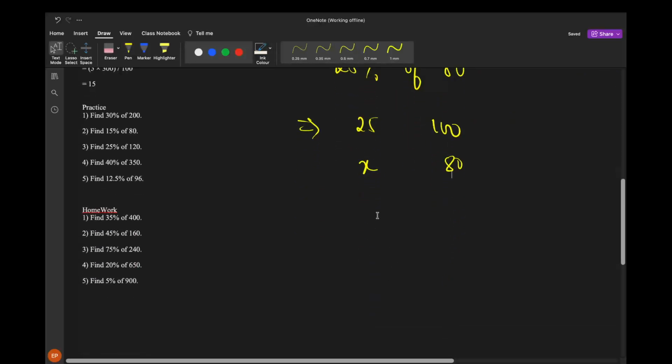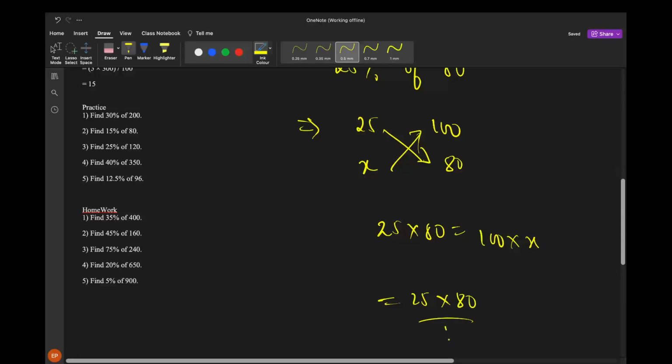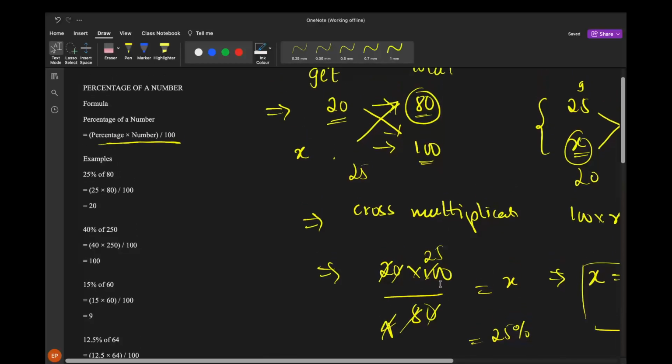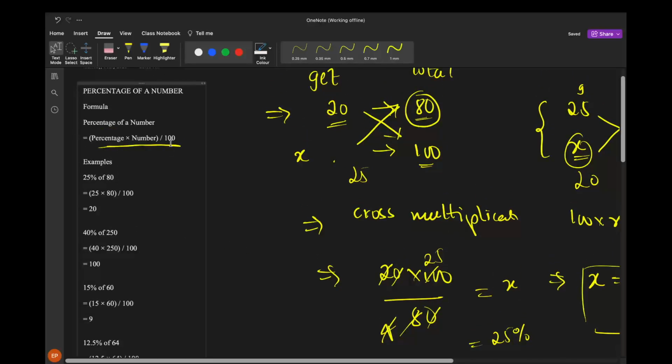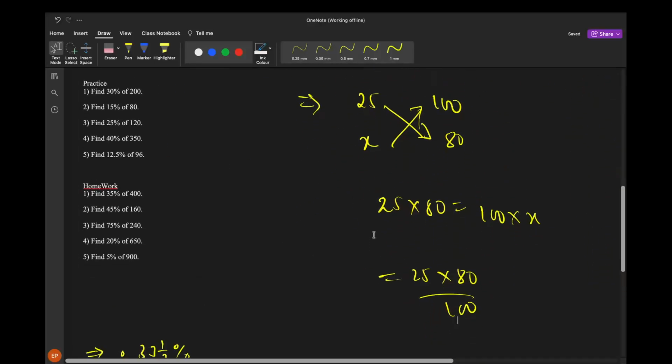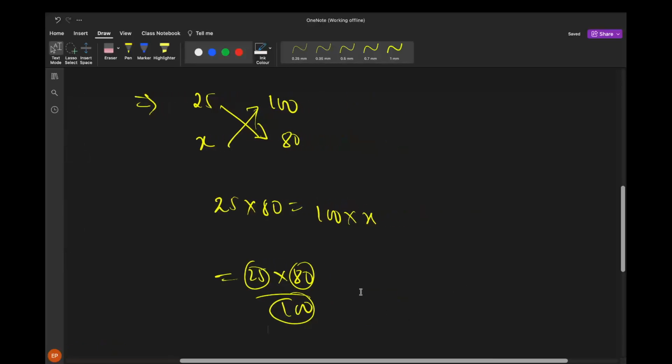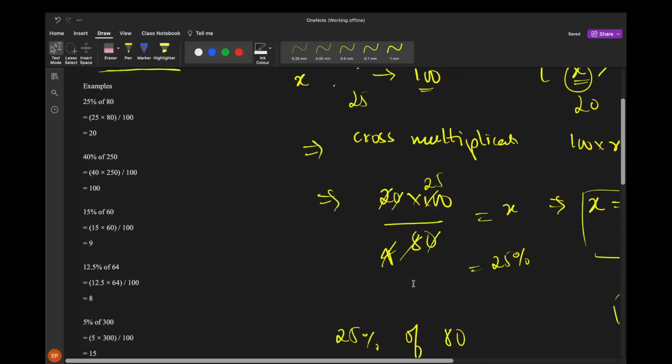Then 25 into 80 equals 100 into x, which means 25 into 80 divided by 100. That's why the formula is percentage into number divided by 100. This is the 25%, this is the number, this is the 100. That's how the formula is formulated. This gives 20. So for 80 we are getting 20.